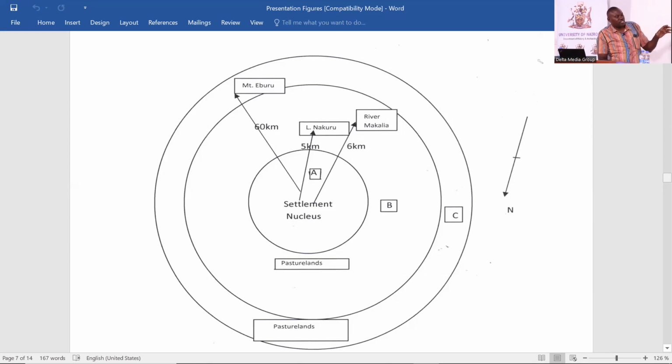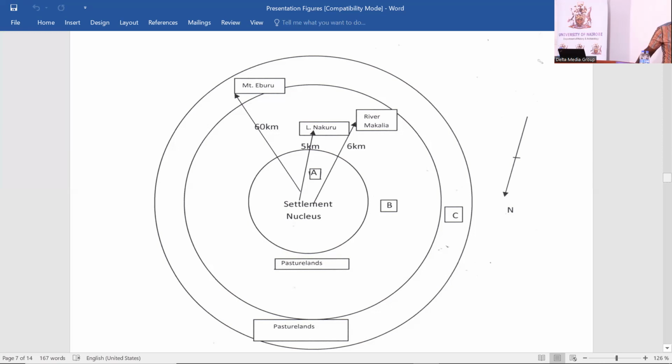This is an illustration which comes in line with what in archaeology we call site catchment analysis, that communities get their resources within certain specific distances. So if you look at the Iraq's Hill as a settlement nucleus, communities would have moved to the distances that are shown there.